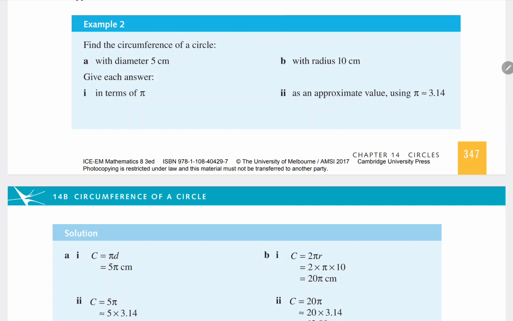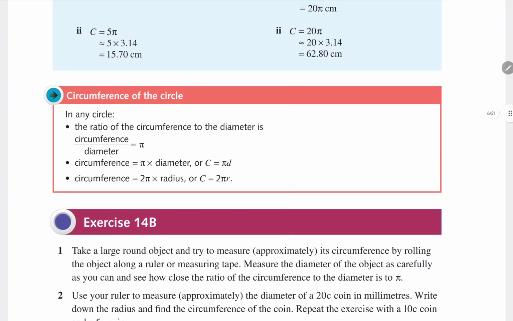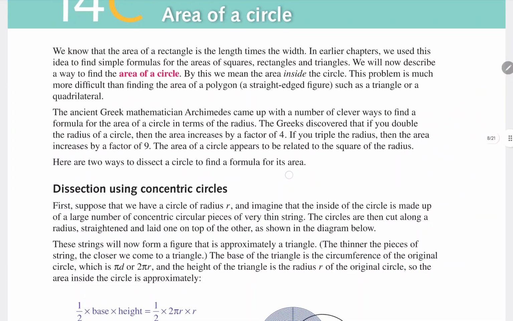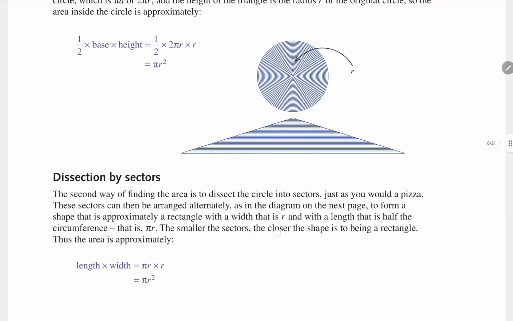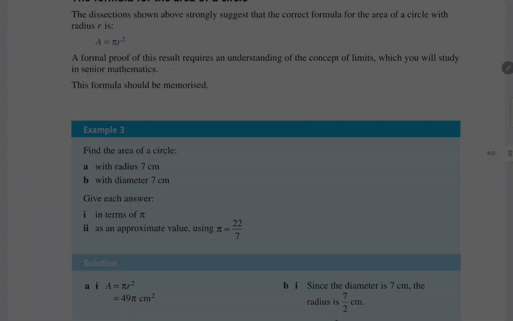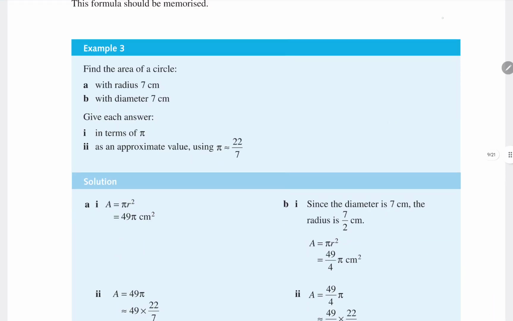Find circumference with diameter and radius. That is good. I'll tell you what questions to do later. Chapter 14c, area of a circle. I already told you the area earlier, don't worry too much about it. It's just pi r squared. Once you've got the formula, you just need to apply it.